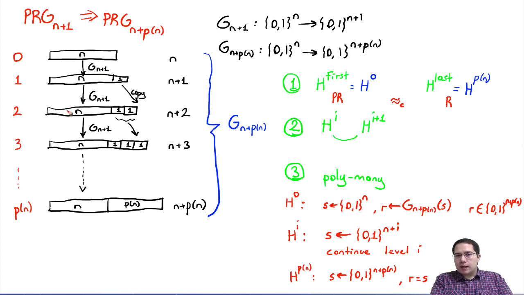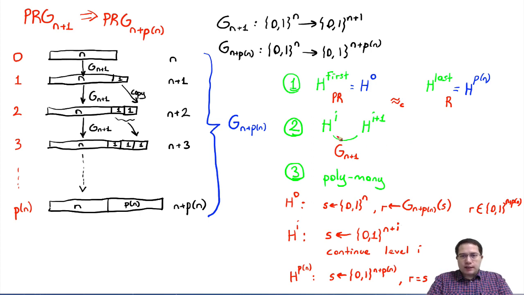Consider hybrid 2. Hybrid 2 says pick n plus 2 random bits, continue at level 2. Between hybrid 1 and hybrid 2, the only difference is running this Gn plus 1 once. So between each Hi and Hi plus 1, the only difference would be we are either running Gn plus 1 one more time, or we are starting randomly.